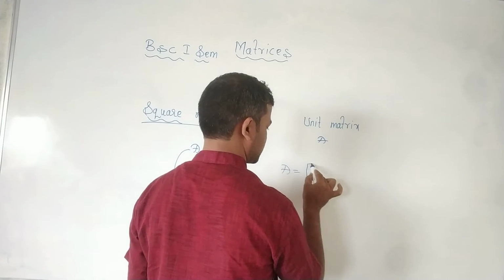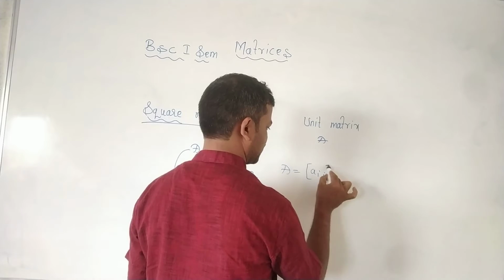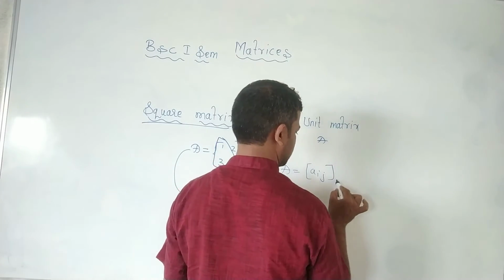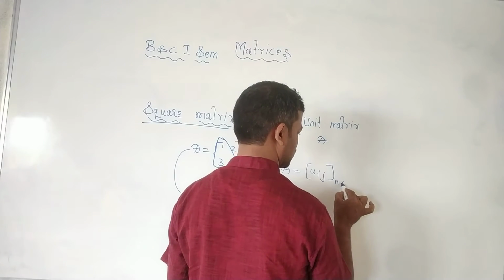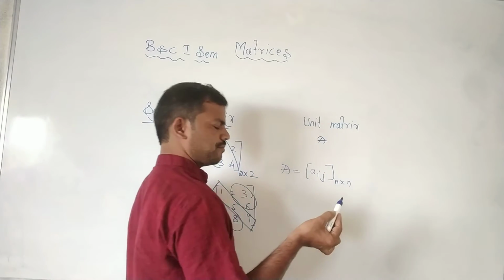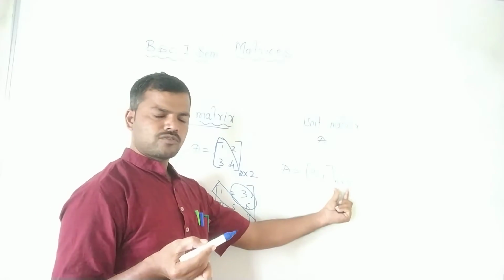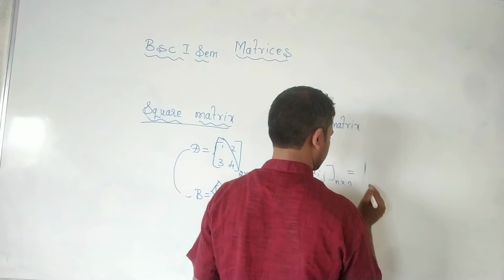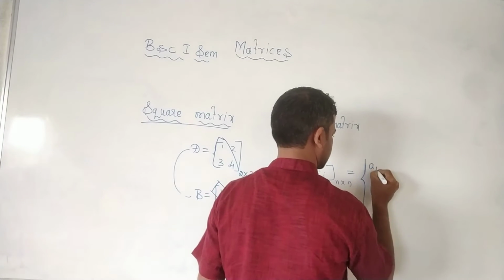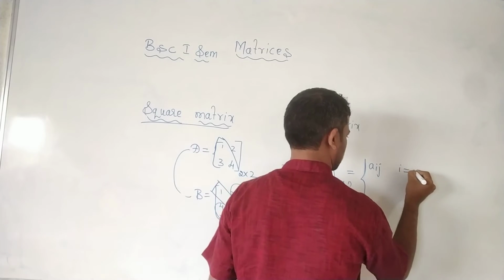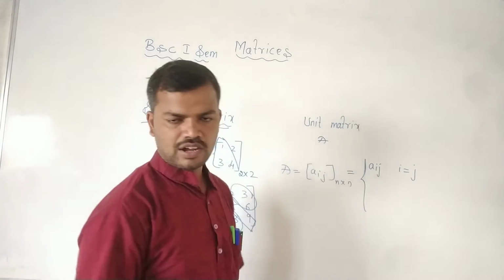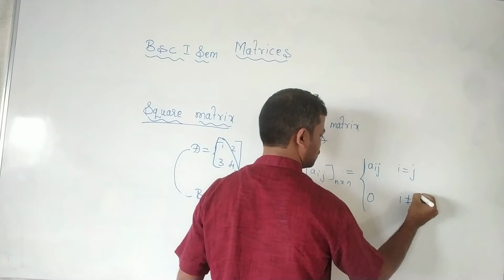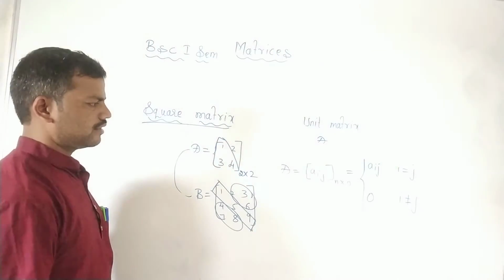We can write it as A = [aij], an n cross n matrix: aij if i equals j, otherwise 0 if i is not equal to j.